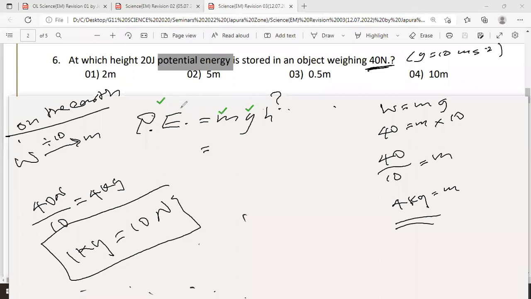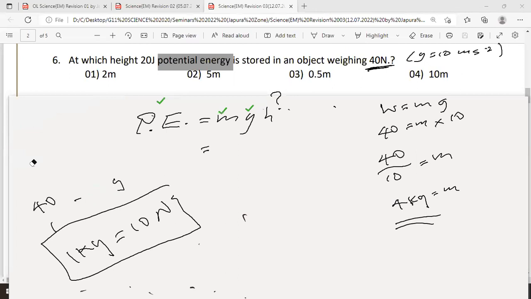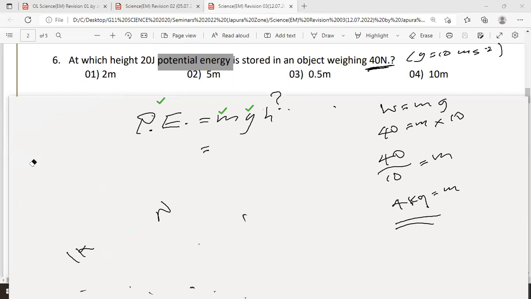Now I'll put here 4 kilogram, the mass, and everything else is known except the height from which it fell. Mass 4 kilogram, g is 10, h is unknown, that is what we have to find, potential energy 20 joules.